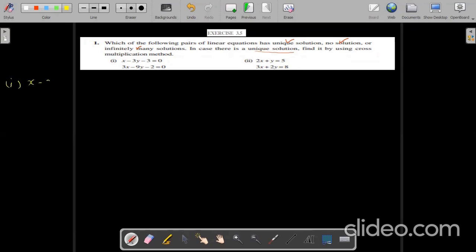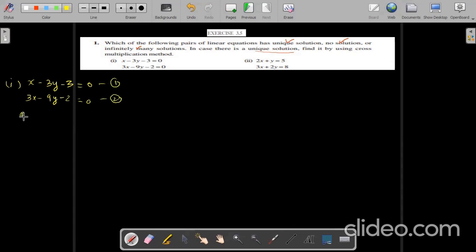If it has a unique solution, then we can solve it. Otherwise, we cannot solve it. So this is equation number 1, 3x minus 9y minus 2 is equal to 0. This is our equation number 1 and this is our equation number 2.